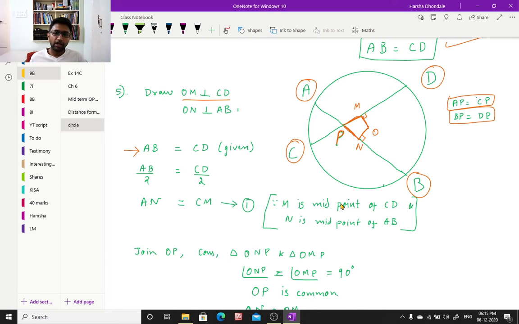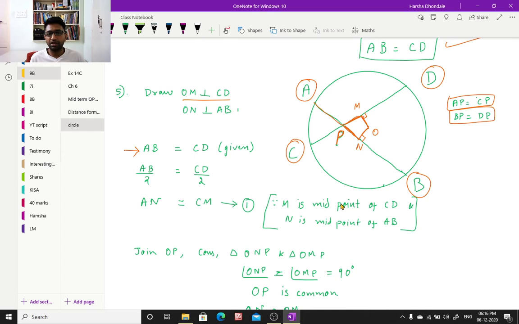And AB by 2 gives me what? AB divided by 2 gives me AN, because N is the midpoint of AB. Let me use a different color, green. AB by 2 gives me AN.